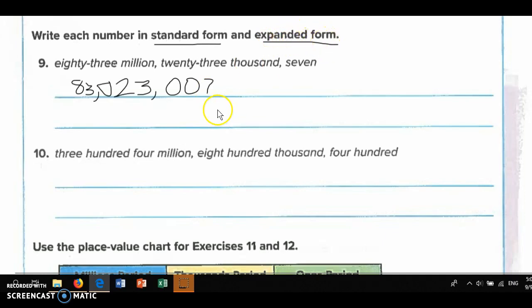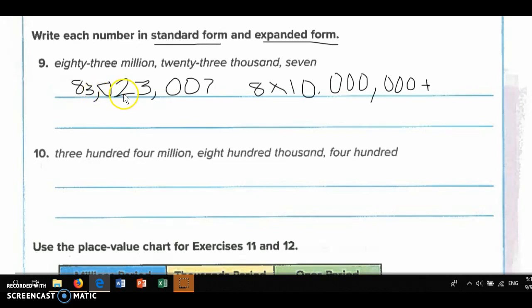Now, write the expanded form. You're going to say 8 times 10 million. Plus 3 times 1 million.